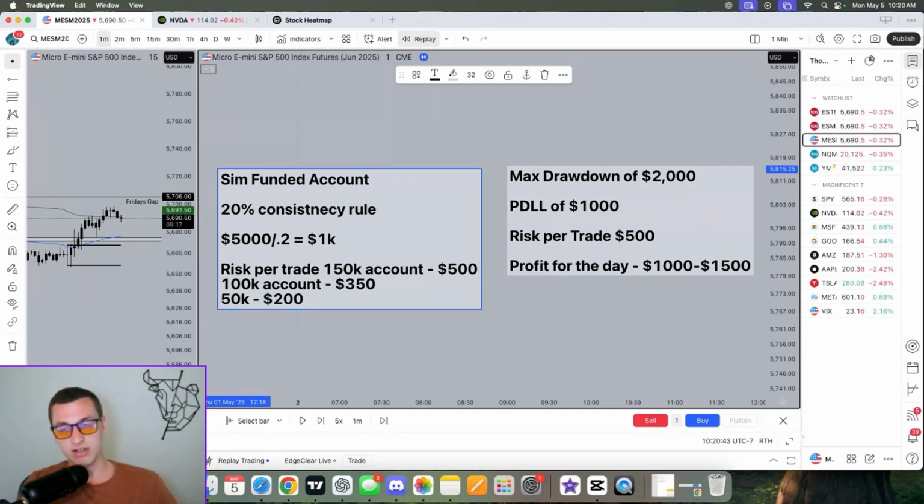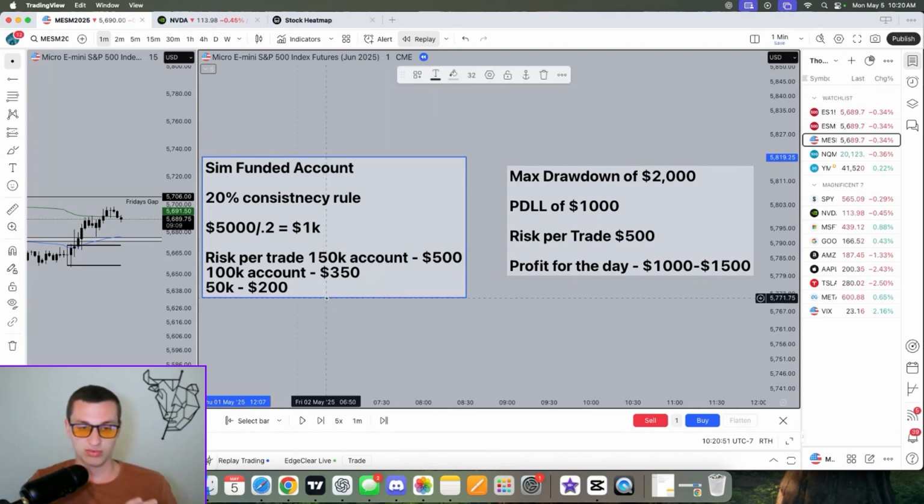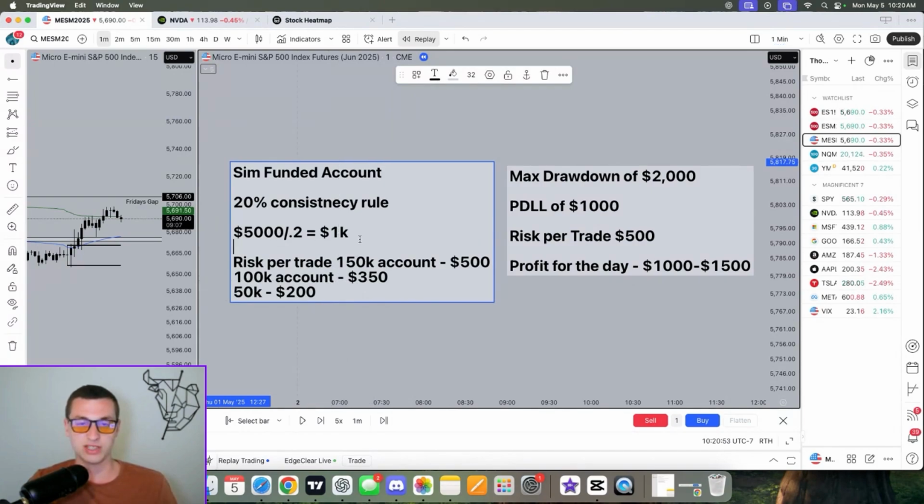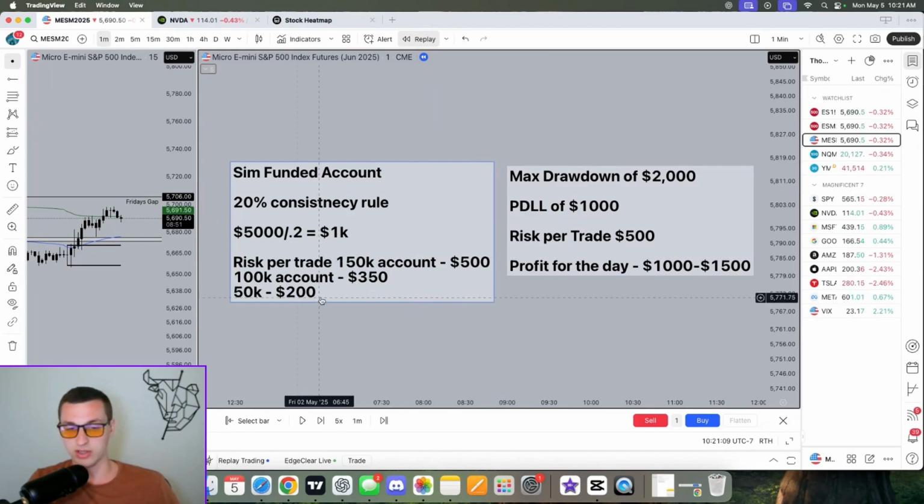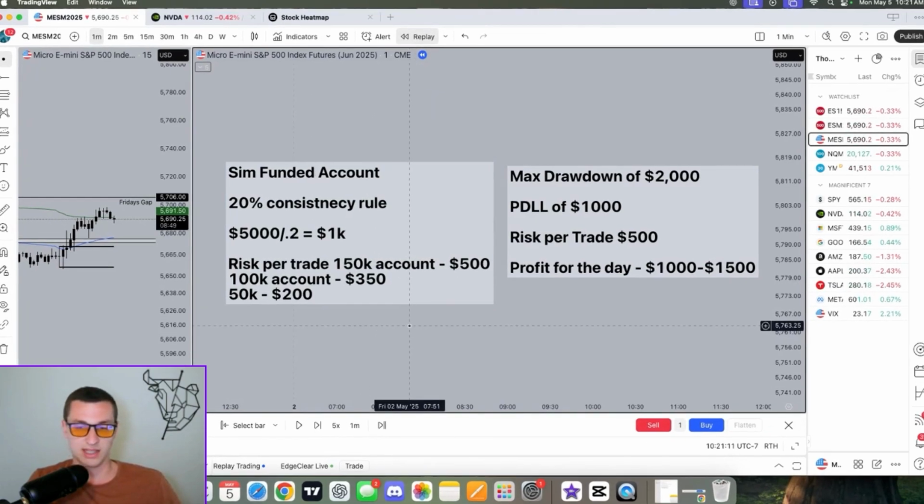The sim funded accounts are more expensive, and you don't want to be blowing these things willy-nilly. So I would highly recommend sticking to this risk tolerance for the sim funded account and just shoot for your profit target. You have to make a number in your head that you're comfortable with, that's going to allow you to take the payout on the consistency rule, but also not go so far that you struggle with trading size and whatnot.